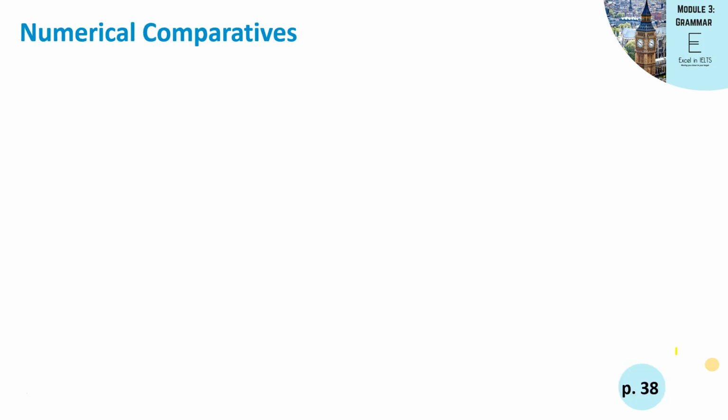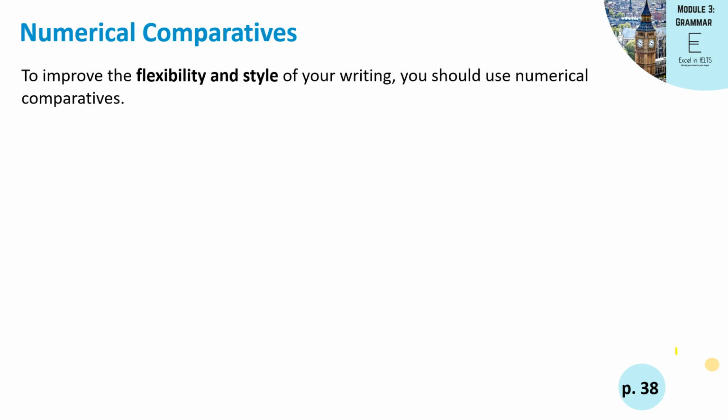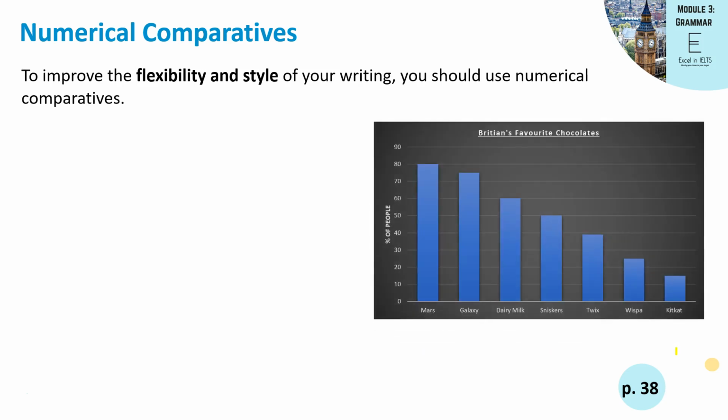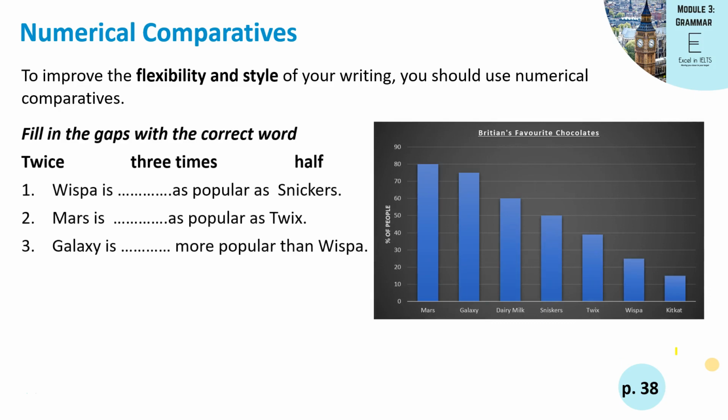Let's now have a look at numerical comparatives, and this basically adds flexibility and style to your writing. So this is where you use numbers in word forms basically. So as you can see here, you have these three: twice, 3 times, and half, and you can pause here and fill in these gaps by looking at this chart.